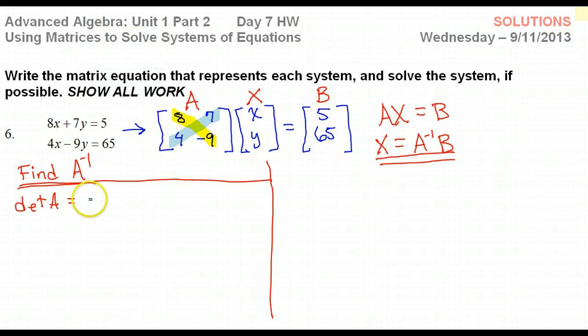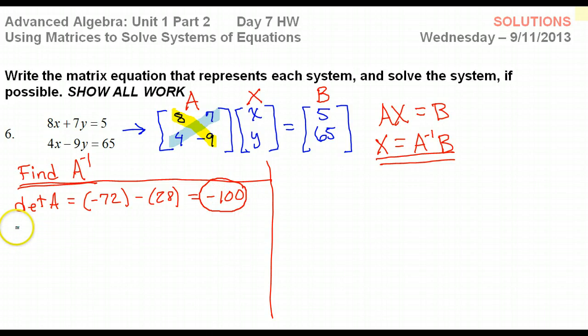So if I want the determinant of A, that's going to be negative 72, the down diagonal, minus 28, because that's the up diagonal. So the determinant is negative 100, and we're going to need that later.